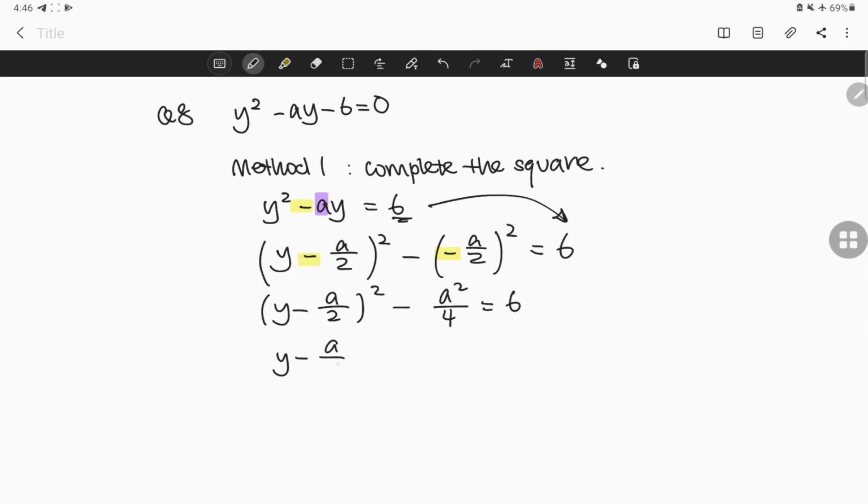We can then add a squared over 4 on both sides of the equation. Sorry. Yep, if we add a squared over 4 on both sides of the equation, this is what we will get.